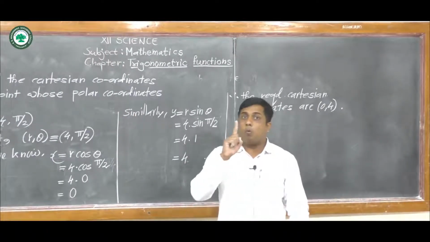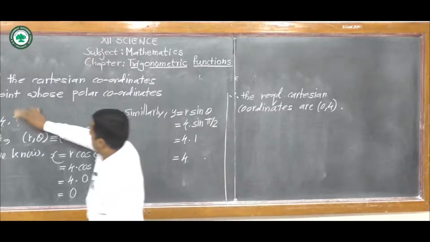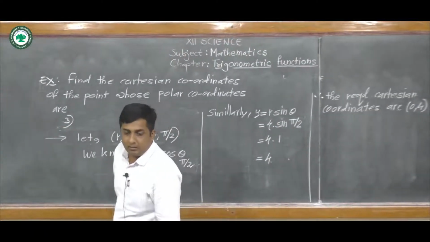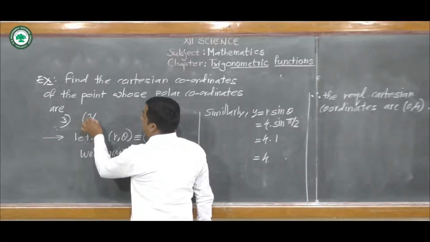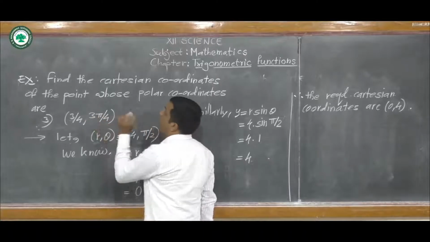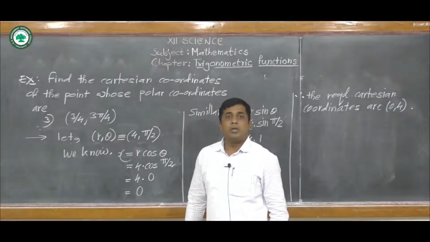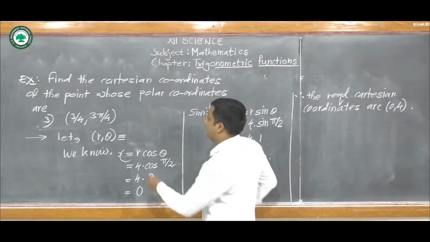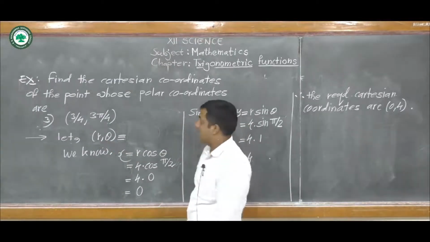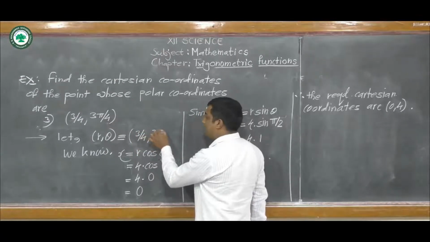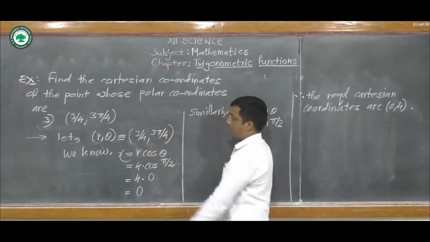Let us see one more example. Here in third, we consider 3 by 4, 3 pi by 4. Let here the ordered pair r theta be equal to here 3 by 4 and 3 pi by 4.